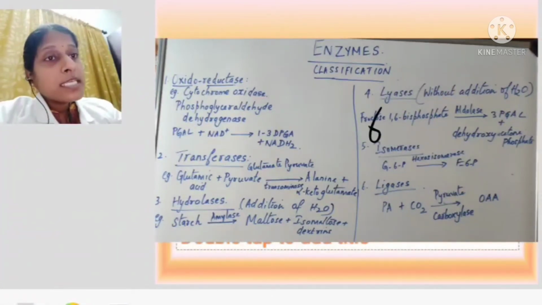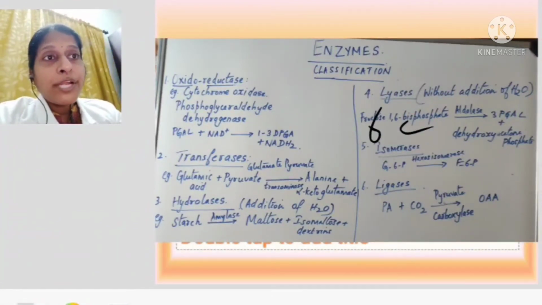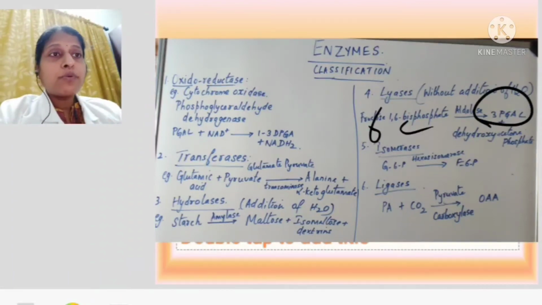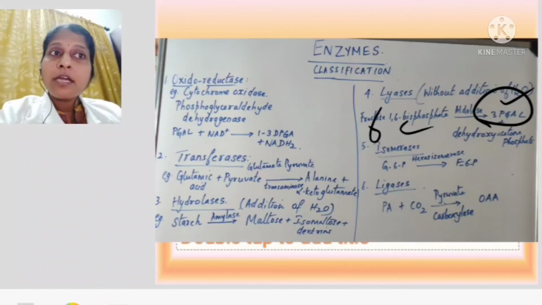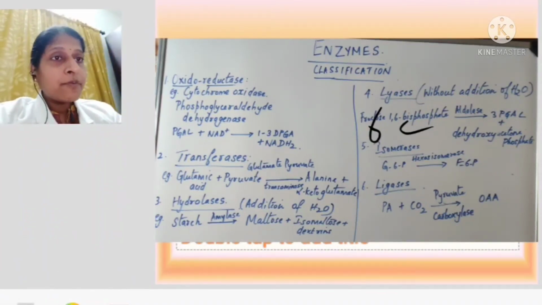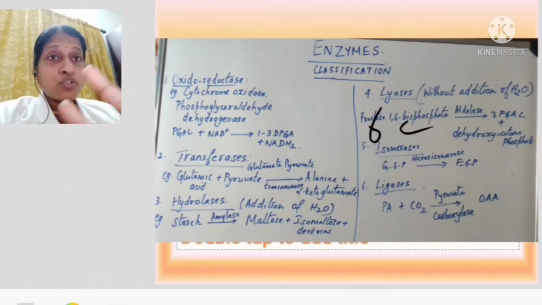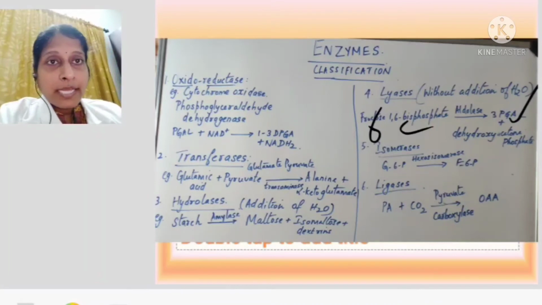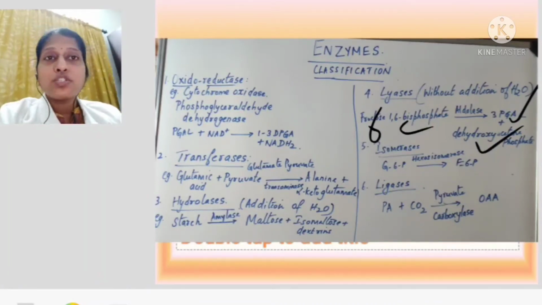This 6 carbon compound is broken down into 2 molecules of 3 carbon compounds. What is the 3 carbon compound? Phosphoglyceraldehyde is a 3 carbon compound. Here 2 things are produced, two 3 carbon compounds. One is phosphoglyceraldehyde, another is dihydroxyacetone phosphate.